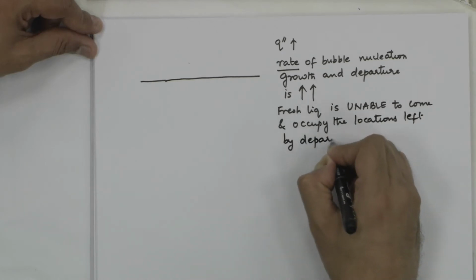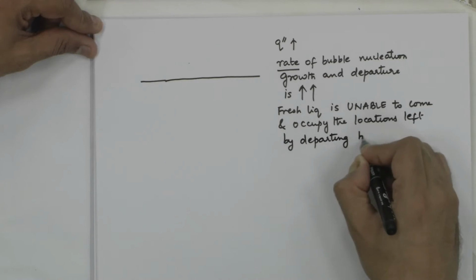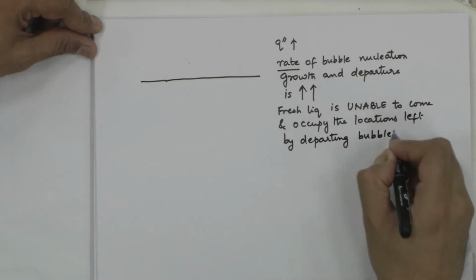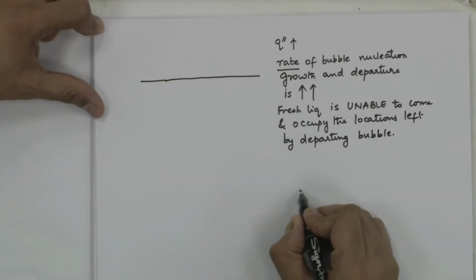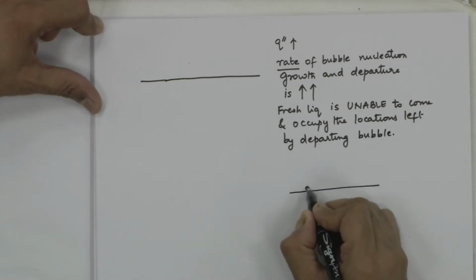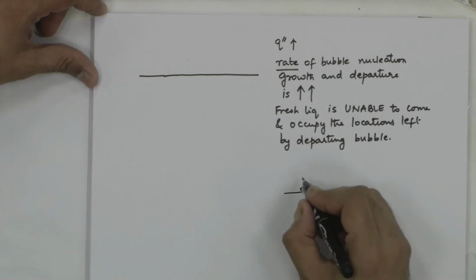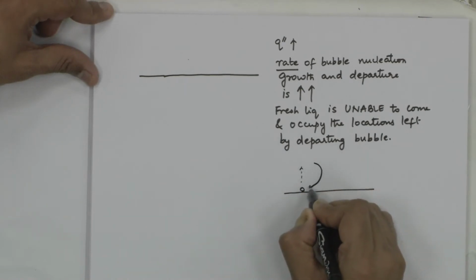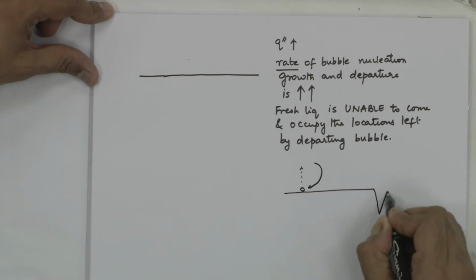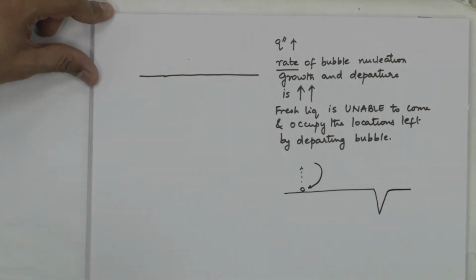This is a very important concept actually, and you would see how important this is when we discuss the CHF business here. So, I have on a surface a bubble which is trying to leave. Yes, very good, this bubble has left. Fresh liquid is going to come and occupy the surface. Remember, I told you there are pits and cavities at which bubbles are formed.